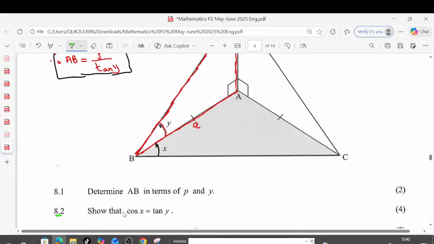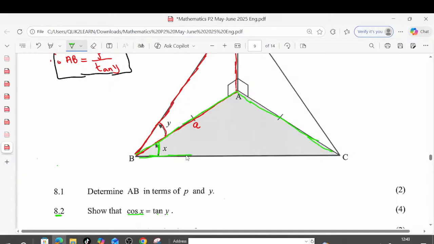They want us to prove that cos x is equal to tan y. And I know that this has to do with 3 dimensions, and the x is this one, so I need to work with this triangle, triangle ABC. This is the triangle that we need to work on.